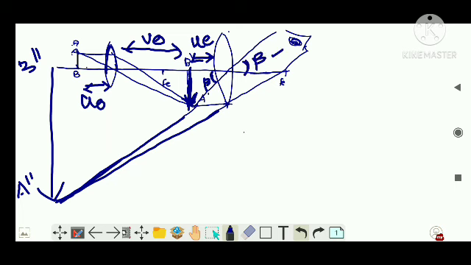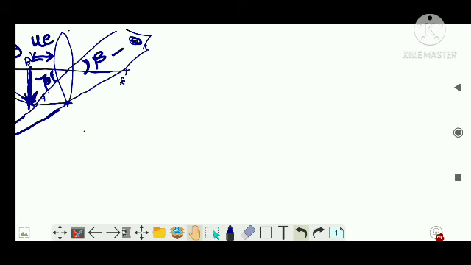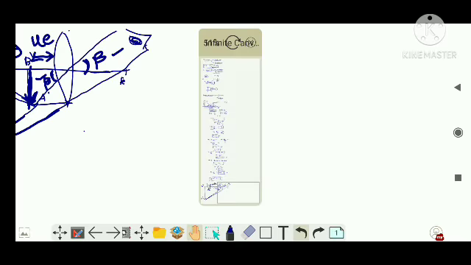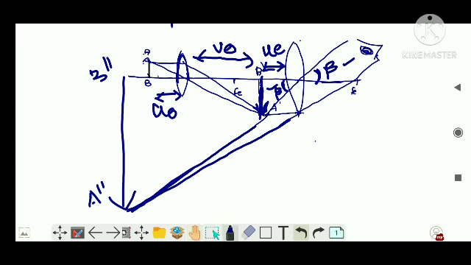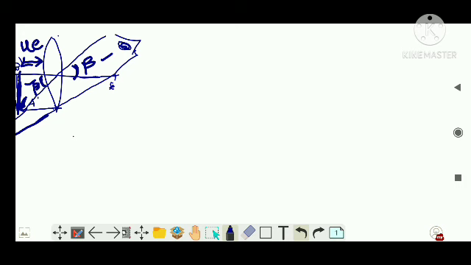Then if this is beta, then this is also beta. Simple. Now, just like the previous cases, the object size will be h0, so keep that as it is. I am not writing it again and again.